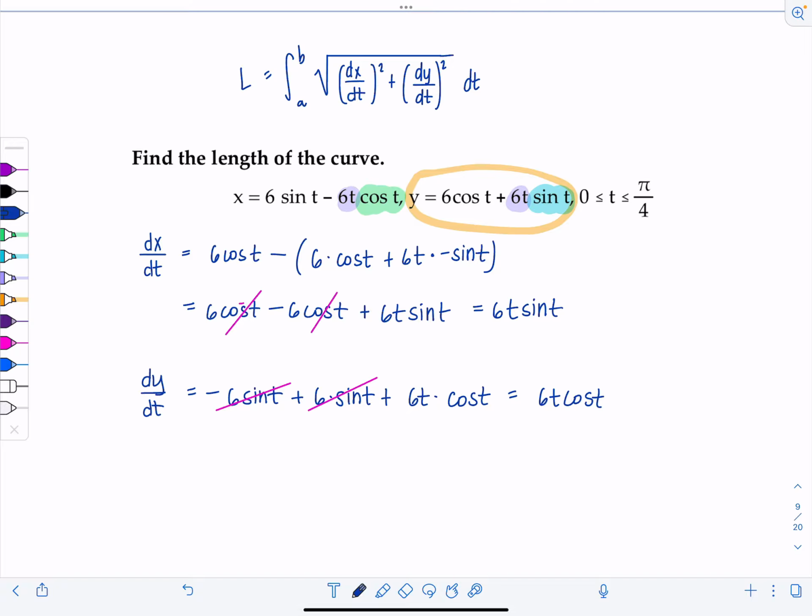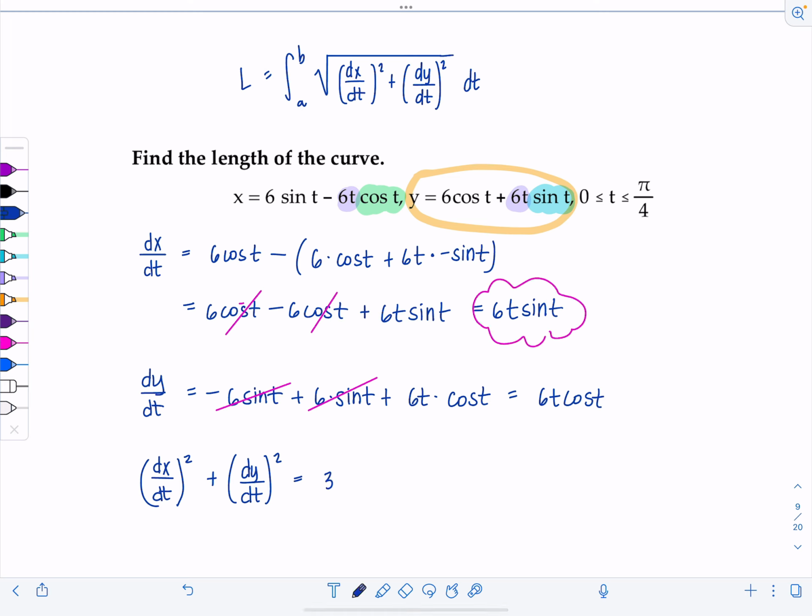Now, I like to clean up this whole expression, (dx/dt) squared plus (dy/dt) squared, as much as possible before I write my whole integral out, so I'm not rewriting the integral and all the details just because I'm doing some algebra. If I square this, you have to square the whole thing.